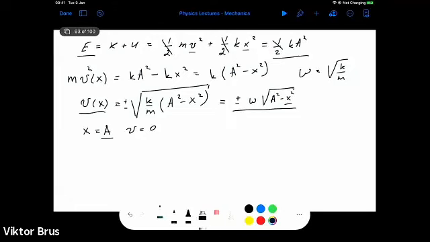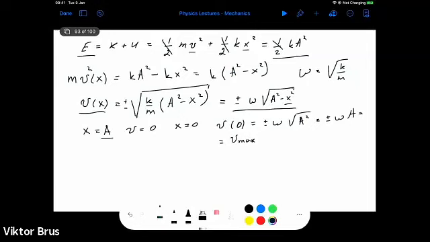And also, if we consider x equal to 0, the velocity at x equal 0 will be plus minus omega square root of a second power, so plus minus omega a. And this is nothing else than the maximum velocity which we defined earlier.